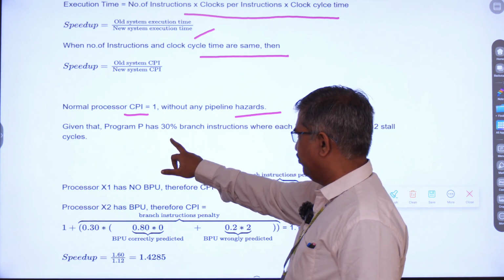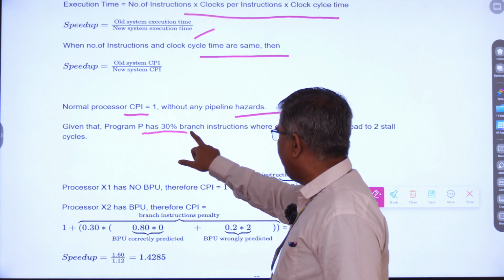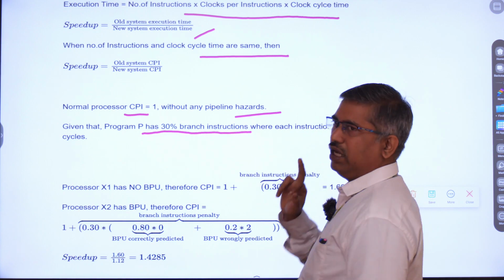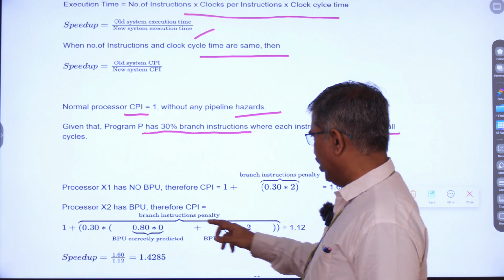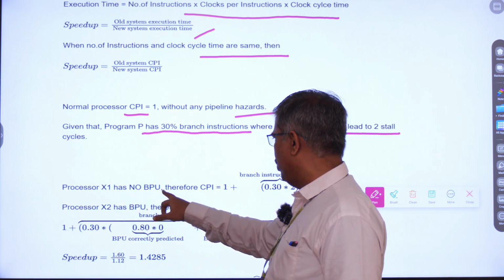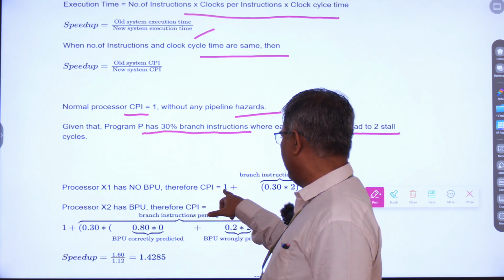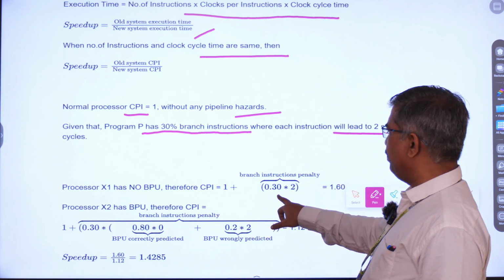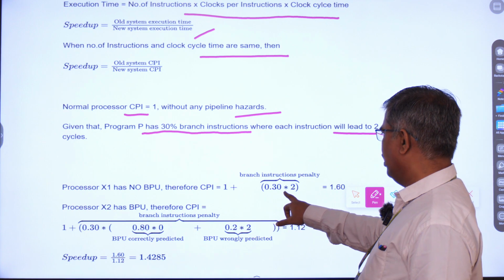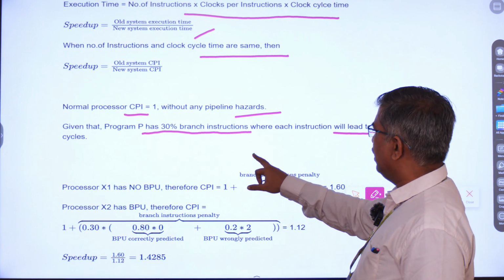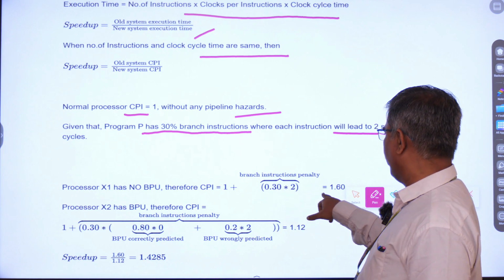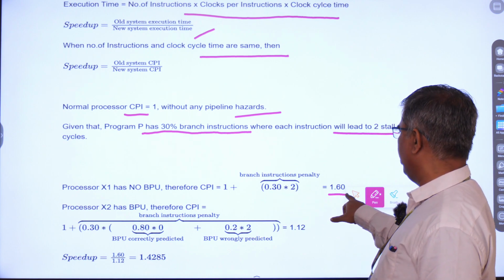Given that the program has 30% branch instructions, where each branch will lead to 2 stall cycles. The processor X1 has no BPU, therefore CPI equals 1 plus 0.3, that is 30% of instructions, into 2, the branch penalty, which is equal to 1.60.